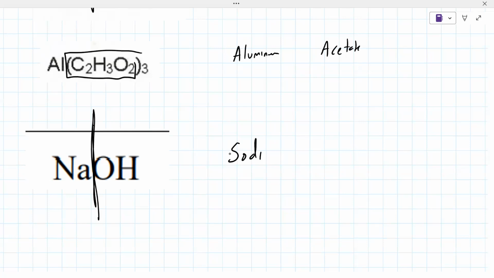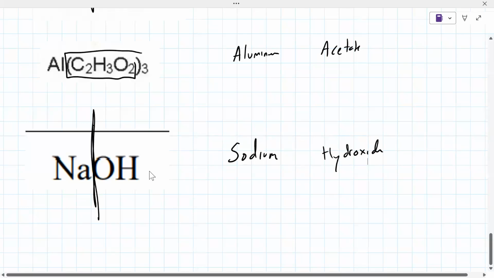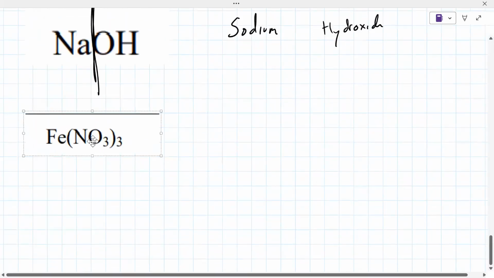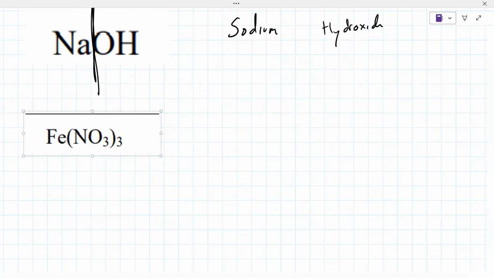Sodium hydroxide, yeah. All right, you ready for another one? Yeah. All right, here we go. I got this one. Iron nitrate. You are correct. Good job. I think I'm getting it.